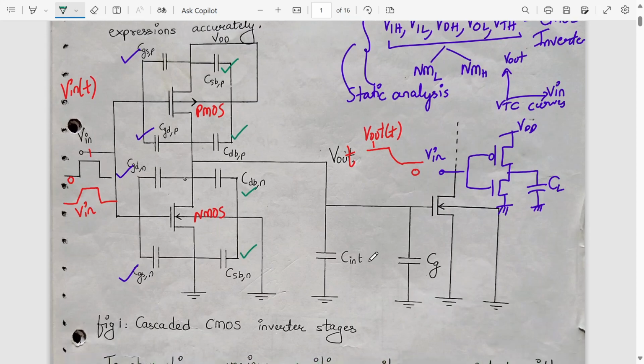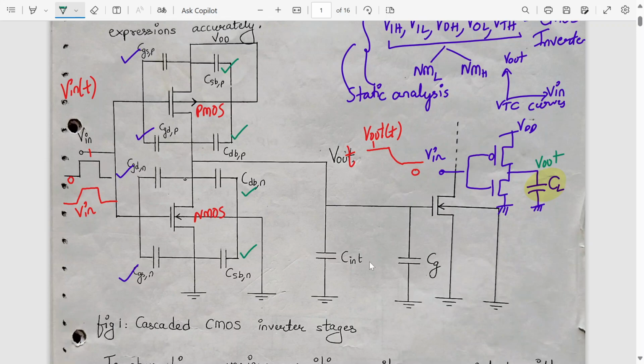Here it is, CL. The effect of all these capacitances will be included in this lumped output capacitance, which is a load capacitance connected between the output node, V out, and ground.